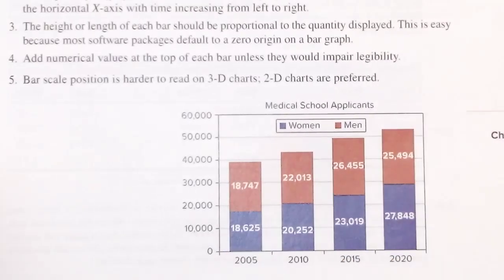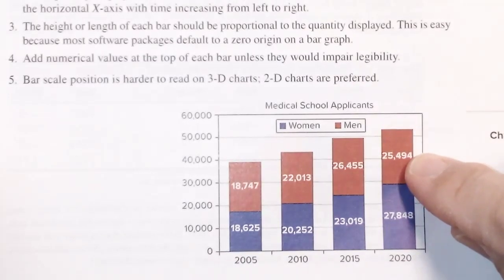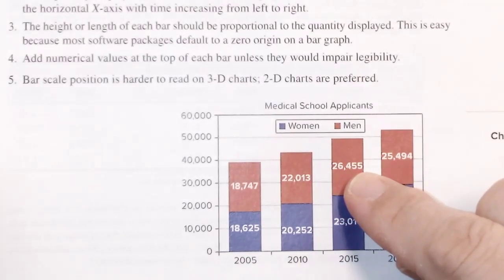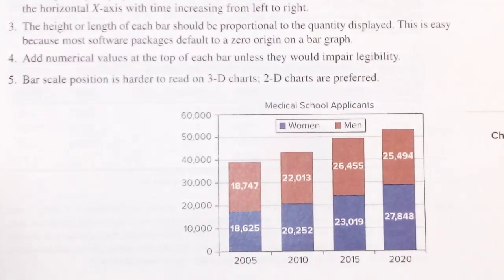But you couldn't just look at the height of the bars and tell, could you? With the women, you could absolutely just look at the height of the bars and go, yeah, the blue bars are getting bigger. But because they're stacked one on top of the other, you can't tell that this red bar is actually smaller than this red bar because they're not at the same floor level. If I only cared about total and not about breakdown, I'd just make it one color for each group.